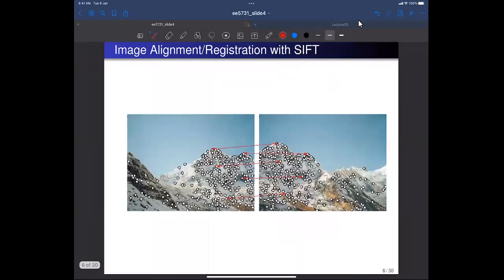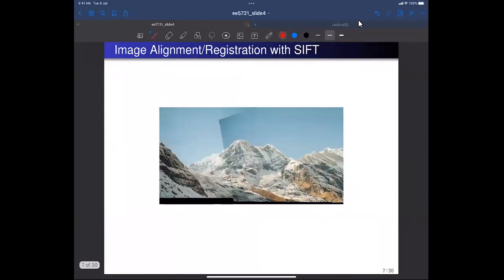And once we have these unique and consistent key points, we want to match them. Oh, by the way, you have to pay attention to this because this is your assignment. This is the starting point of your assignment. So you have to use SIFT and then do this operation, matching key points. Once you match the key points, you can have the overlap between the two images.